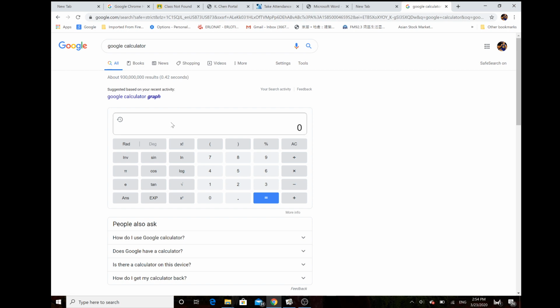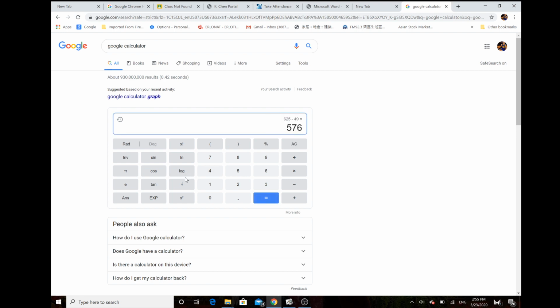Okay, so what we got there is 625 minus 49. And then you want to find out whether that's a perfect square number. Well, it looks like it's going to be a perfect square number.